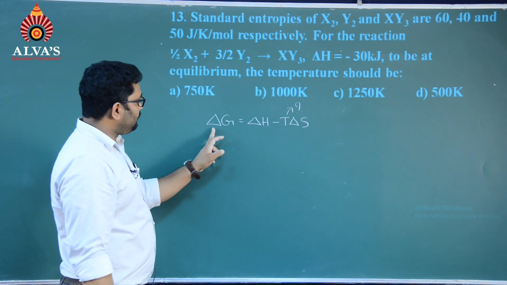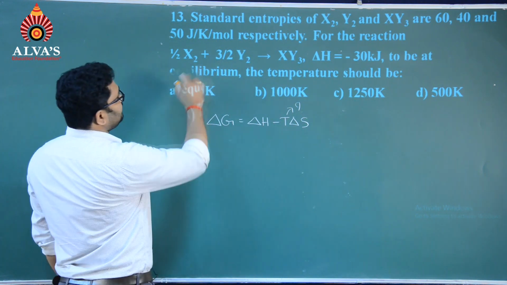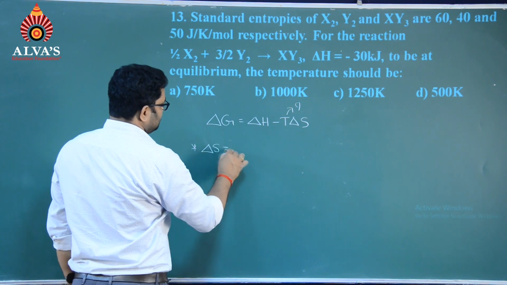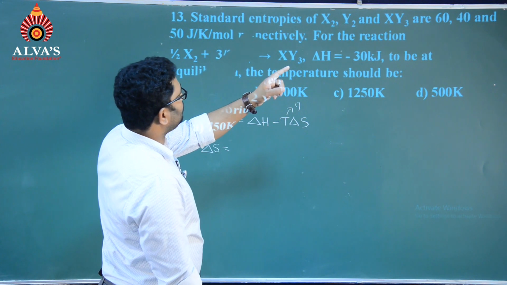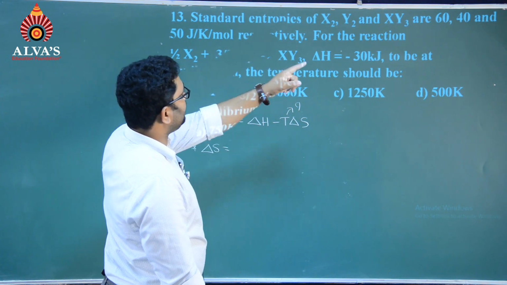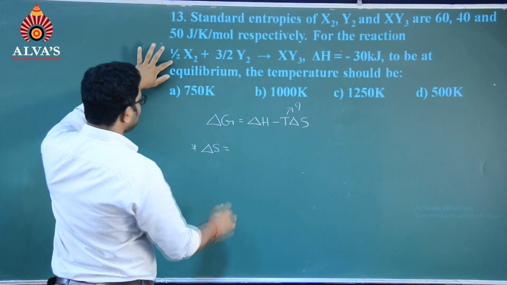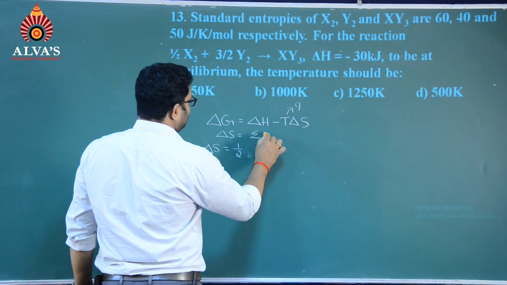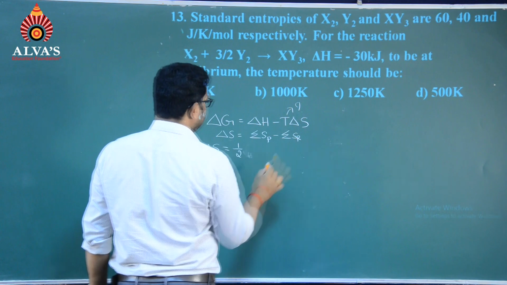For equilibrium, the value of delta G is 0. For this particular reaction, delta S value, change in entropy. Okay. The entropy for X2 is 60, Y2 is 40 and XY3 is 50. Go for this equation. That is delta S is nothing but summation of entropy of products minus summation of entropy of reactants.